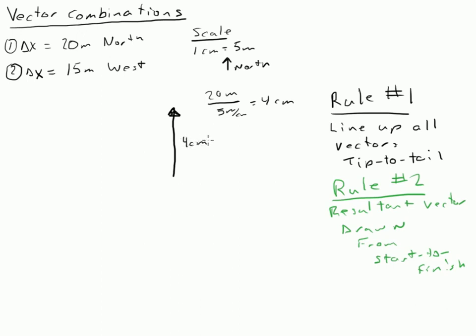Alright, if you do this with your ruler, you'll be able to measure everything exactly, a little bit straighter than what I've got here. And then the second vector now is 15 meters to the west. So the same kind of idea, we have 15 meters divided by our 5 meters per centimeter. That gives me 3 centimeters.